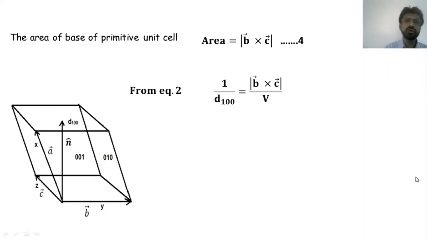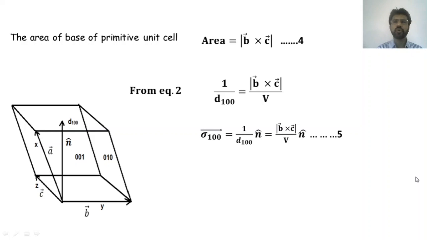Now from equation 2 we can substitute the value of the area, and equation 2 becomes 1 upon d100 is equal to the magnitude of the vector b cross c divided by V. Therefore sigma 100 is equal to 1 upon d100 into the unit vector, is equal to the vector b cross c divided by the volume V into the unit vector.